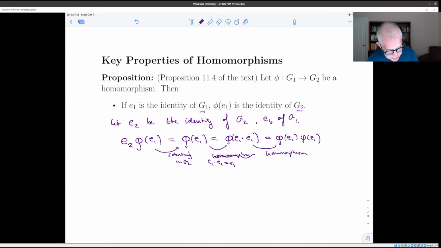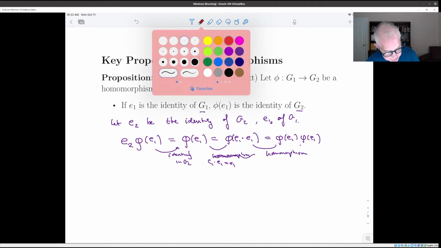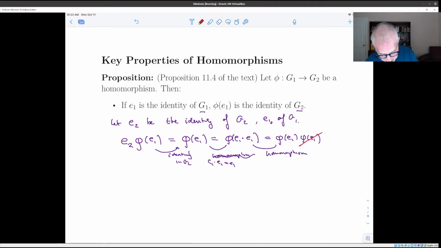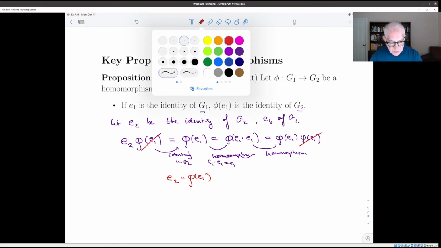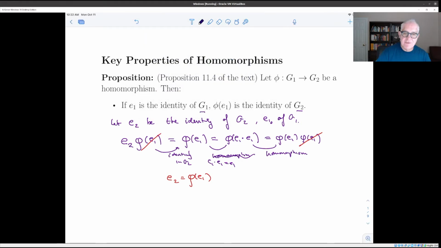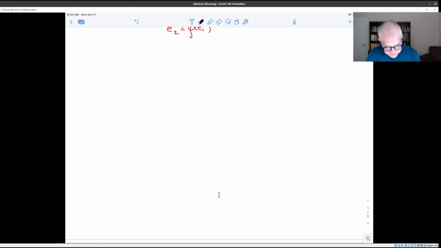And if you look at these two equations, using cancellation, we can cancel the phi of E1 on both sides of this equation, and we're left with E2 equals phi of E1, which is what we were trying to show. So for a map to be a homomorphism, it has to carry the identity of the first group to the identity of the second.